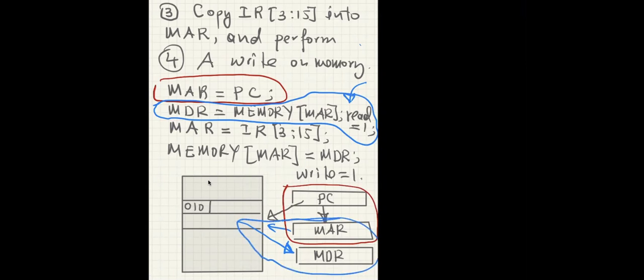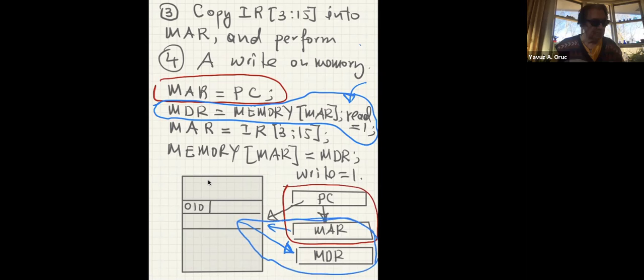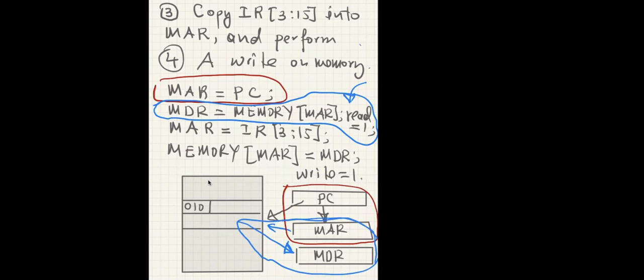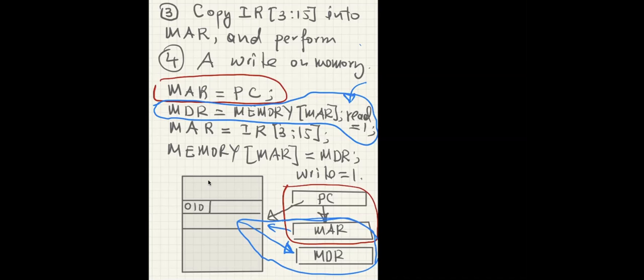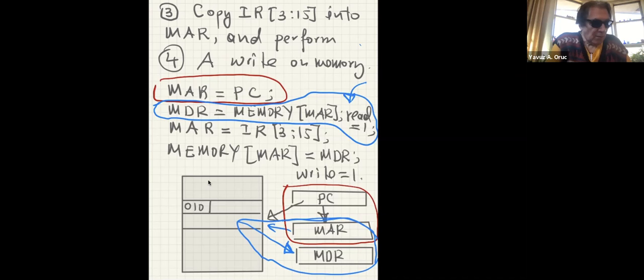I have a quick question. So is the PC pointing to the address or the operand itself? The PC is always going to have an address that points to a location in memory. Now the PC at this point in time is pointing to the location that is right below the instruction, which is the first part of the two 16-bit word instruction.